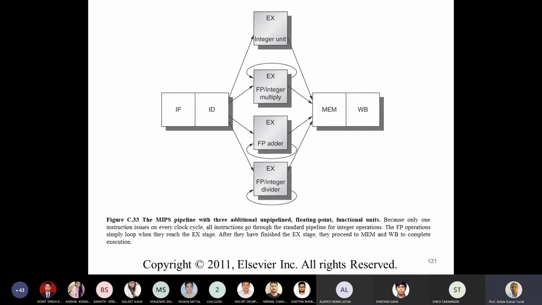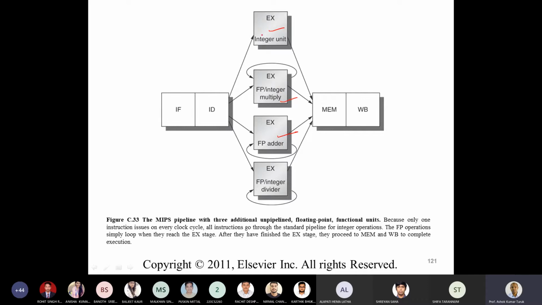So this was the structure of the pipeline. If you look at the pipeline structure, at the execution units, we had the integer unit, then we had the multiplier, and we had an adder.